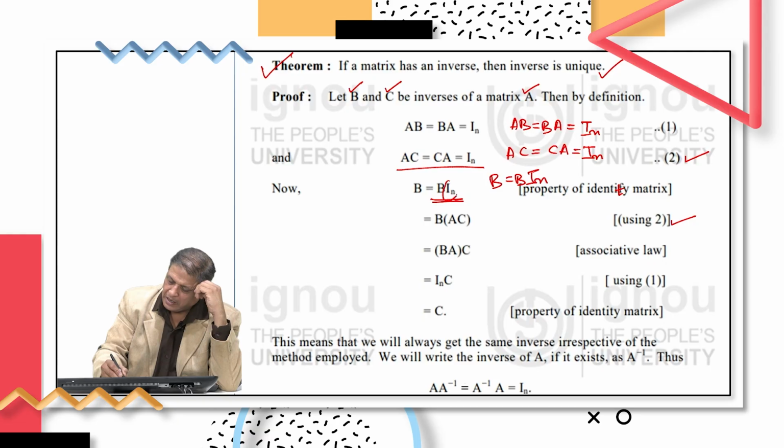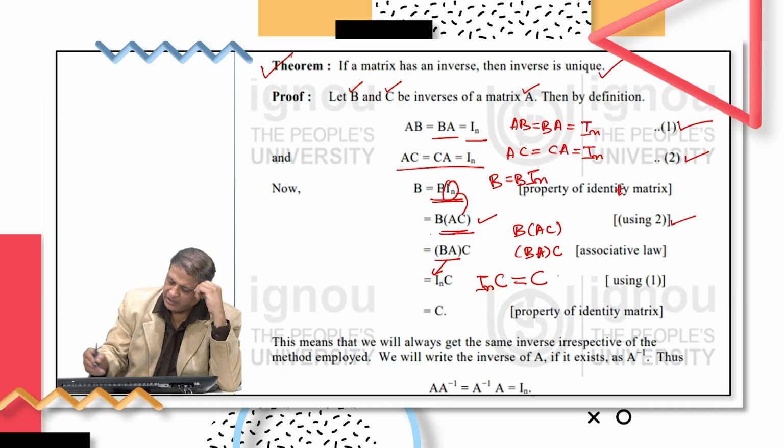So if we replace In by AC, we can say that B into In is equal to B into AC. By using the associative law, we can write B(AC) as (BA) into C. Now referring to equation number 1, BA is equal to an identity matrix. Identity matrix into C will be equal to C itself.